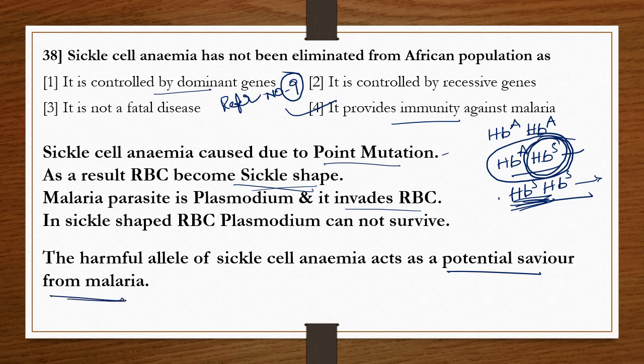It provides immunity against malaria. That's why it has not been eliminated from the African population, because Plasmodium falciparum is more common in Africa. So the correct answer is option 4.